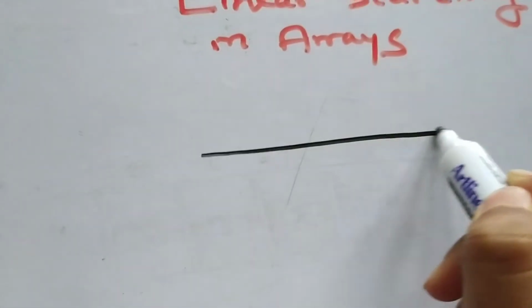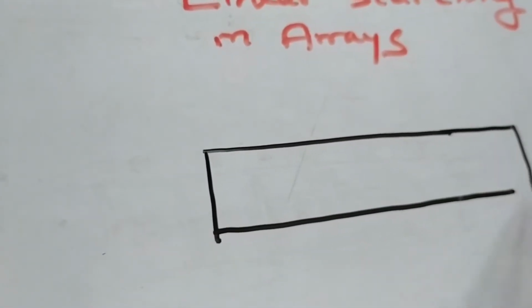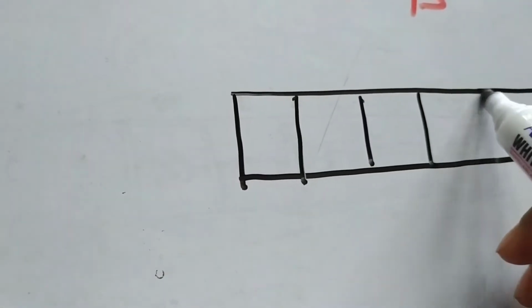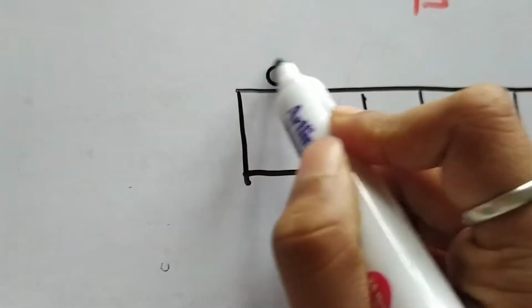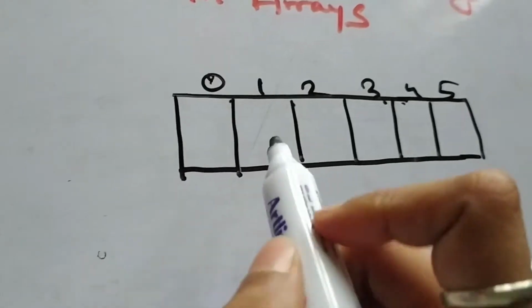Suppose this is an array. It consists of 6 elements.